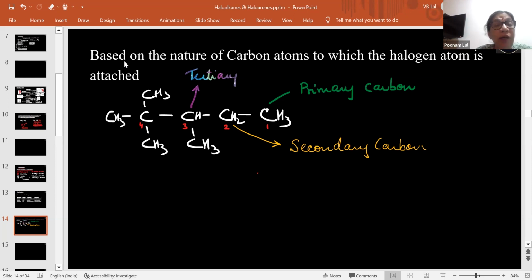So depending on where my halogen is: if my halogen is attached to a primary carbon, it will be a primary alkyl halide. If it is attached to a secondary carbon, it will be secondary. If it is attached to a tertiary carbon, it will be tertiary.